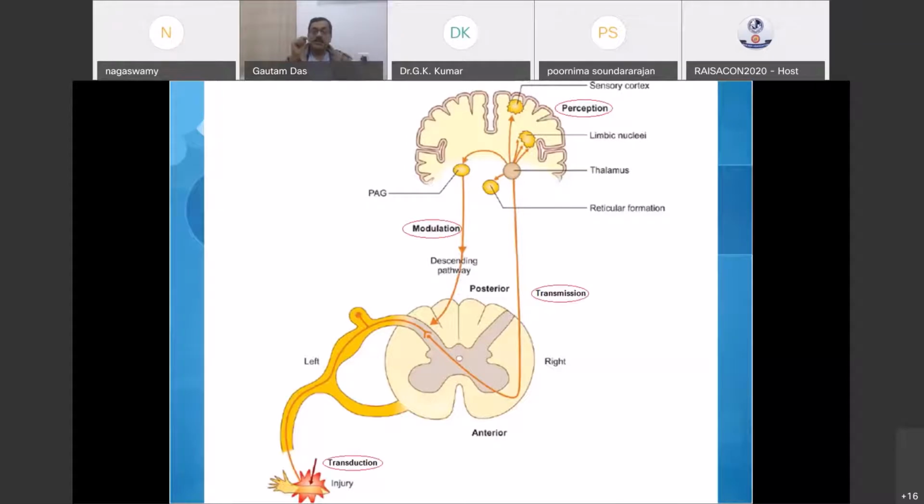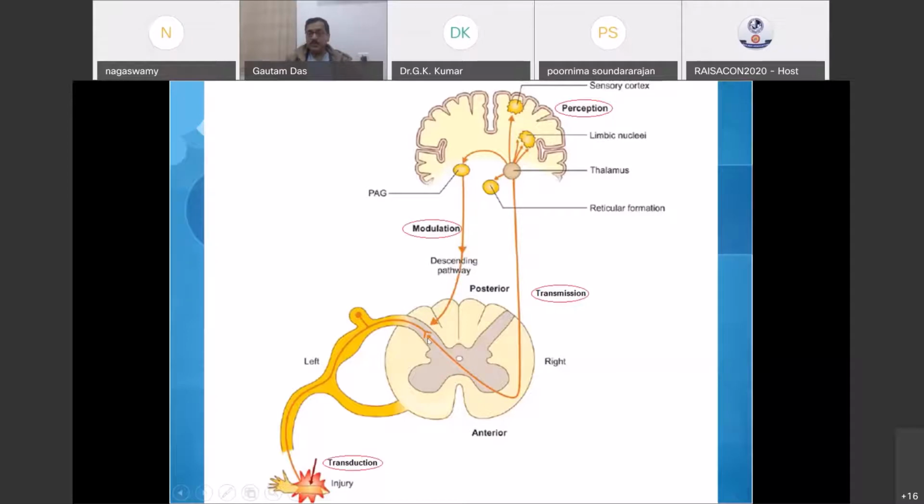So the signal reaches the periaqueductal gray matter of the same side of the tissue injury, and they release serotonin and norepinephrine. So this serotonin and norepinephrine activates the descending inhibitory pathway, and then they send inhibitory signal where the first order neuron was sending signal to the second order neuron, and here they suppress.